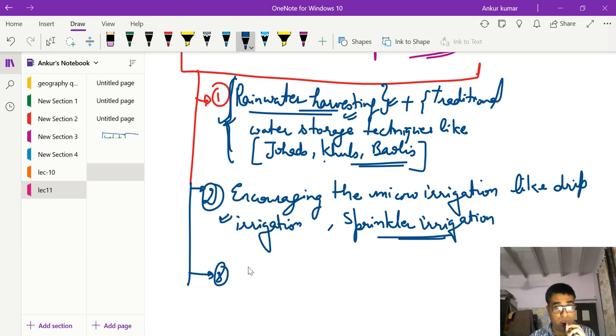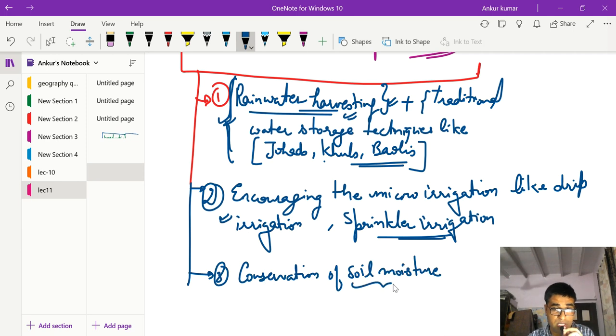The third is the conservation of soil moisture. We said that water stress is the main problem in these areas, so we have to conserve the soil moisture anyway. We have to use some method, and a very simple method for conservation of soil moisture is mulching.